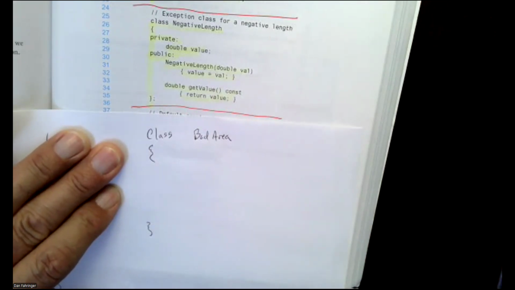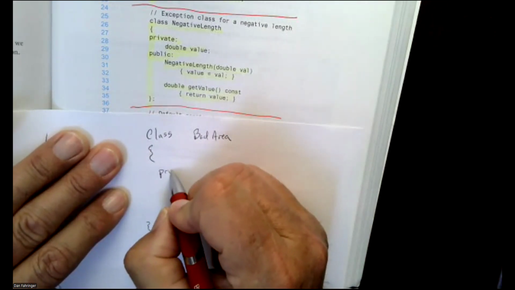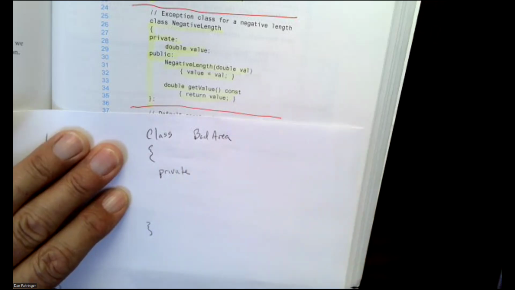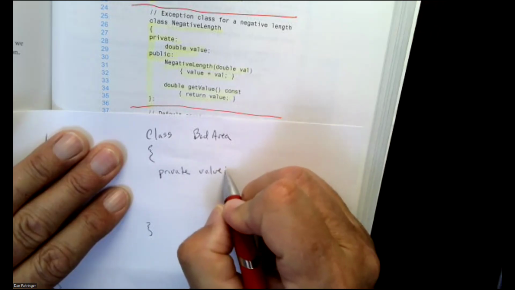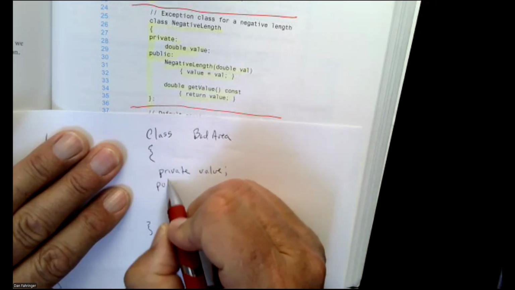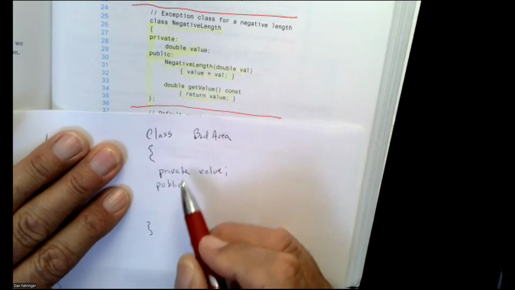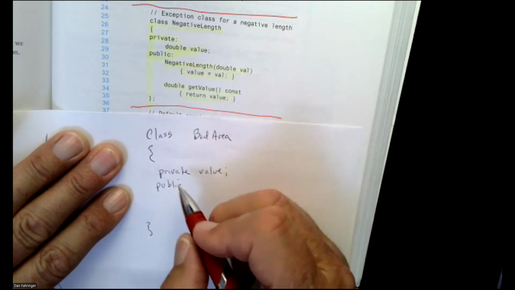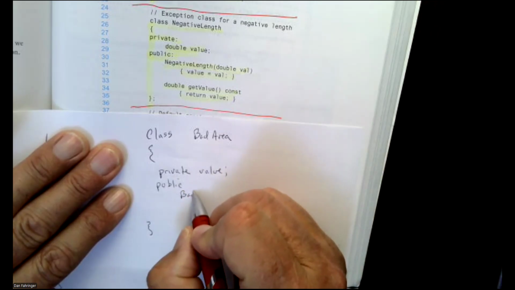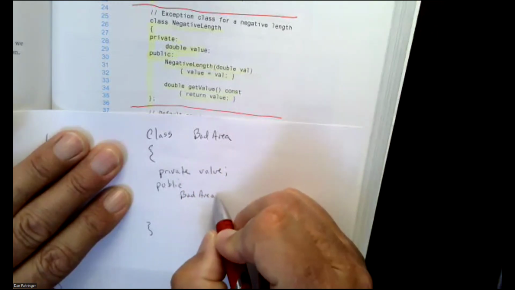And what do we have going on in here? We have private. We're working with the value again. That's fine. Public. I'm thinking we're going to need a constructor. Constructor would be bad area. And what is that bad area?